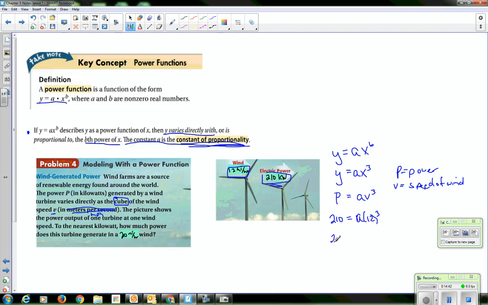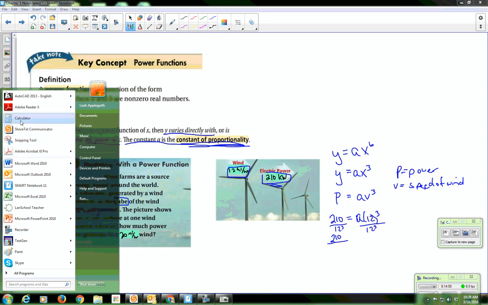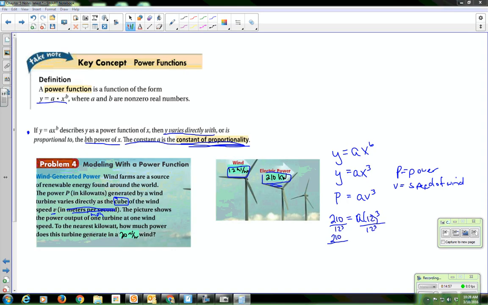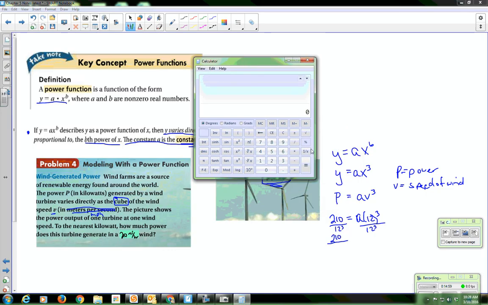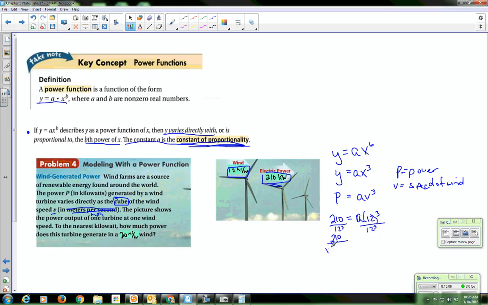So in this case, 210, we divide both sides by 12 cubed. 12 cubed is, let's get my calculator out. It's 1,728.